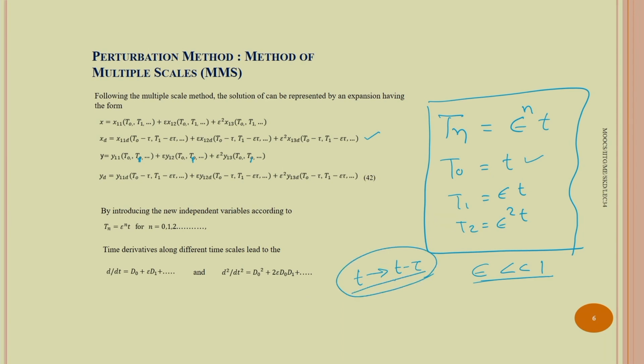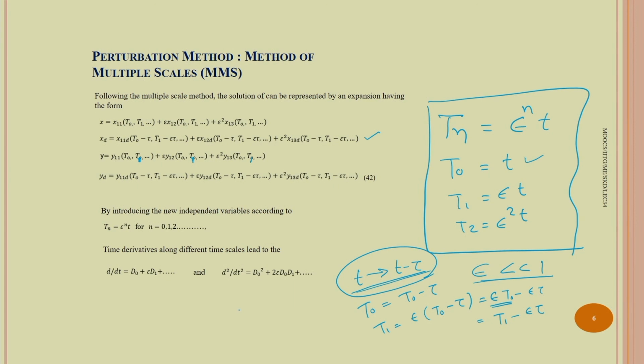So T0 is written as T0 minus tau. Similarly, T1 is written multiplying by epsilon, epsilon times T0 minus tau, which equals epsilon T0 minus epsilon tau. This epsilon T0 is nothing but our T1 time scale, so it is T1 minus epsilon tau. That is why it is written T0 minus tau, T1 minus epsilon tau.